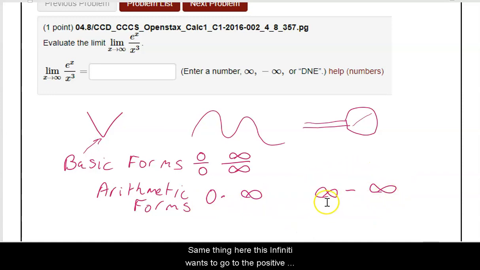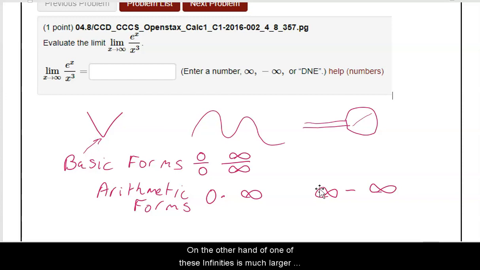Same thing here. This infinity wants to go to the positive infinity. This wants to go to negative. Who's going to win? The problem is, if the functions have about the same size of infinity, you could end up at any finite real number. As in, if they weigh roughly the same, it's hard to say where the center of the rope when you play tug of war is going to stop.